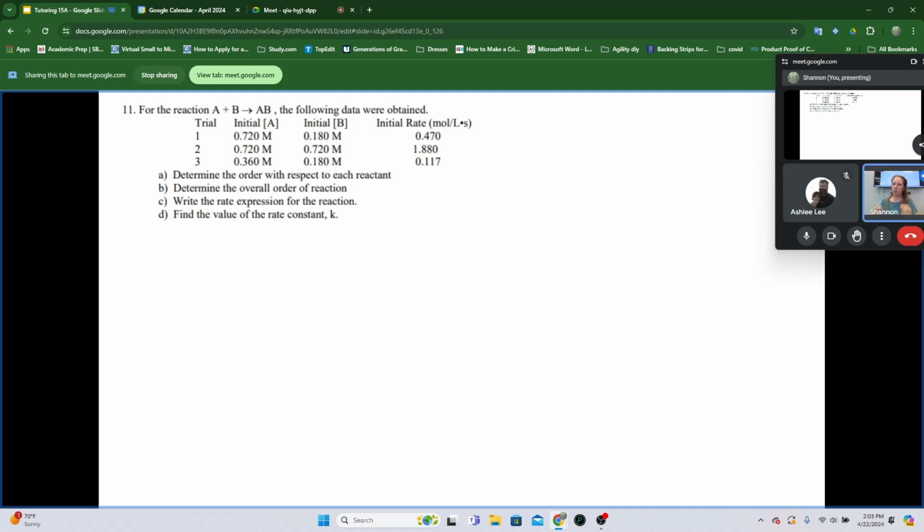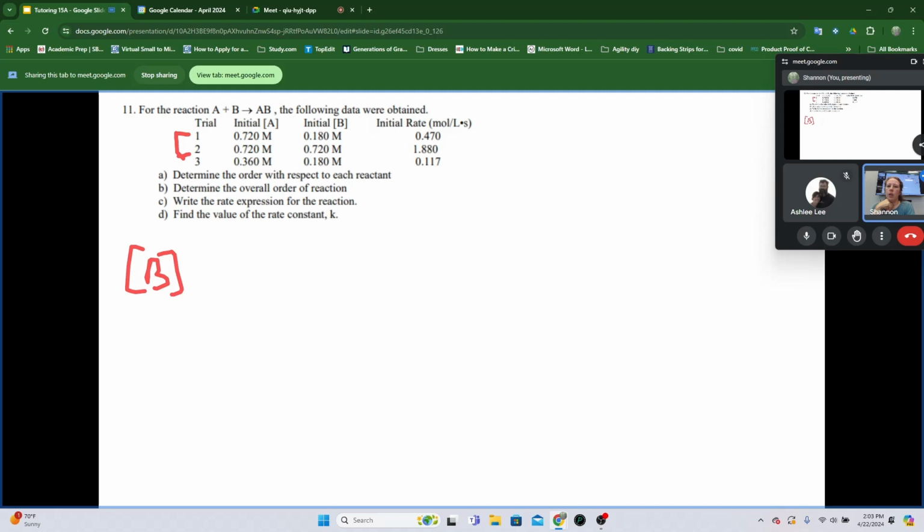Alright, I'm gonna do the first part. Okay, so to get the reaction order, I'm gonna look at the trials and see for one of the concentrations, they need to be kept the same, the other ones are different. Between trial 1 and 2, the A is kept the same and the B changes. So I'm solving for B right now.